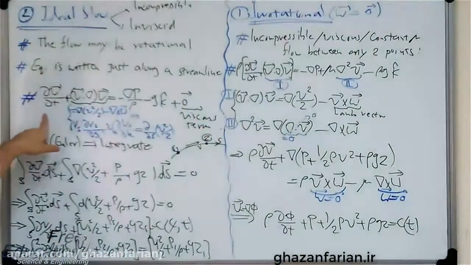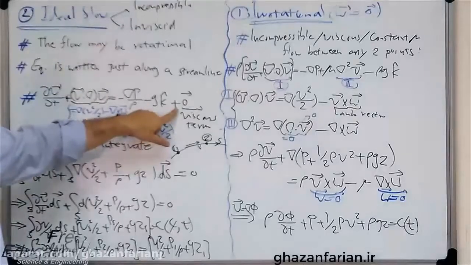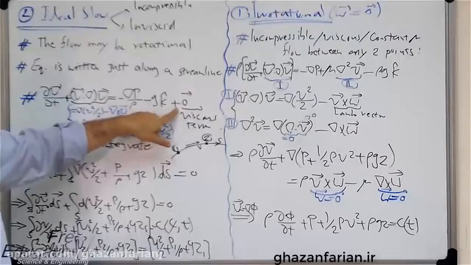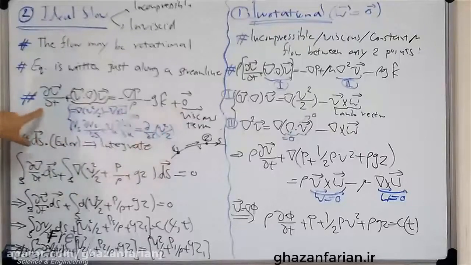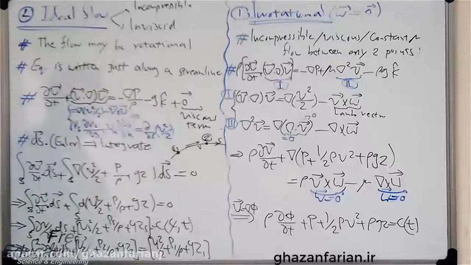Okay, this is the Euler's equation because the flow is inviscid and the viscous term is 0 here. So the Navier-Stokes equation without the viscous term is called the Euler's equation. This is the local derivative or local acceleration. This is the nonlinear term, the pressure term, the gravity force.